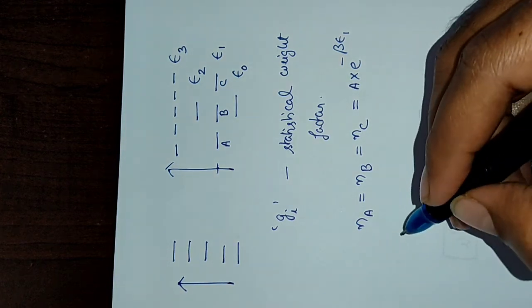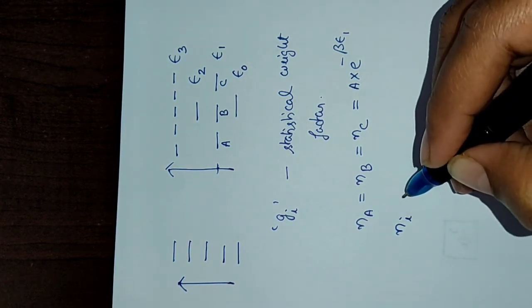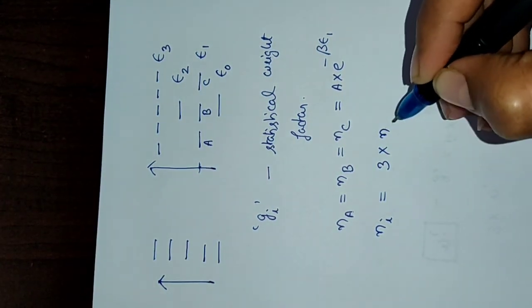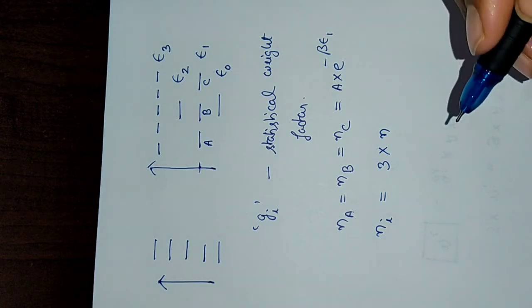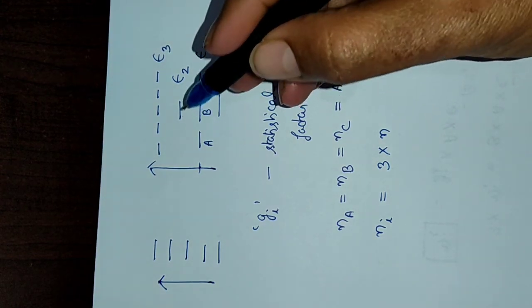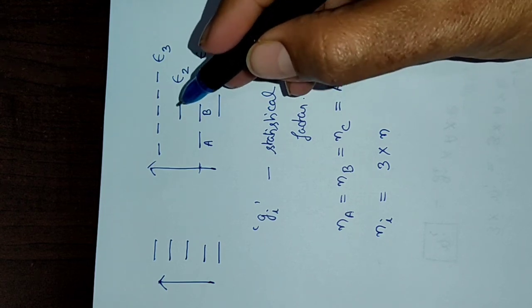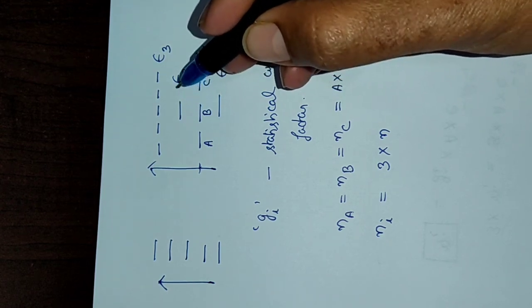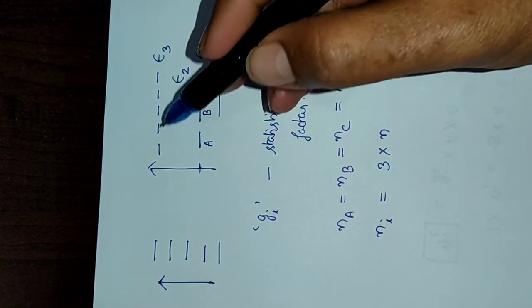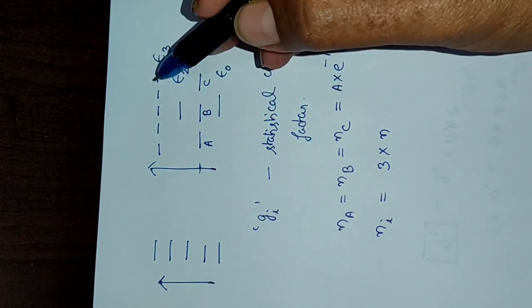So what will be the population of the ith level? That will be 3 into either Na or Nb or Nc. For this case, it will be 1 into this population for the second excited state, and this will be 5 into population in the one state.